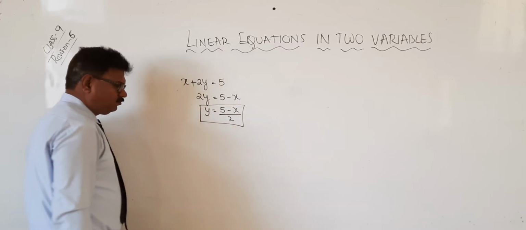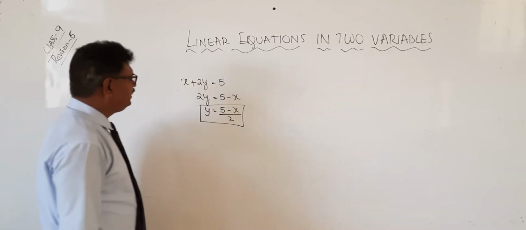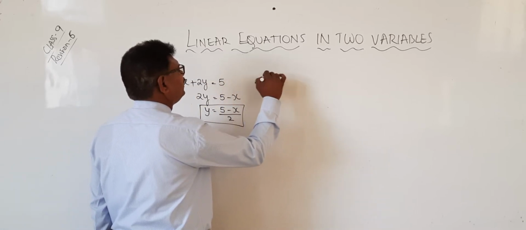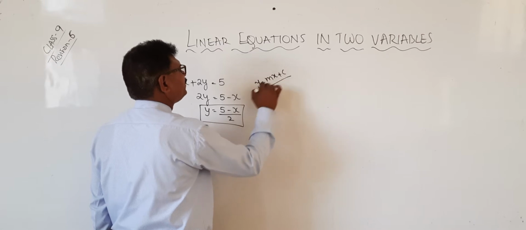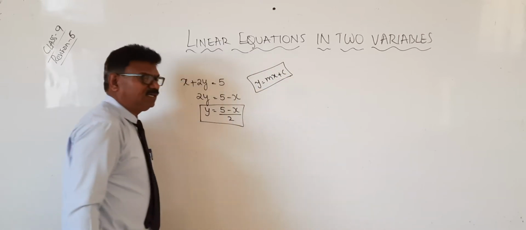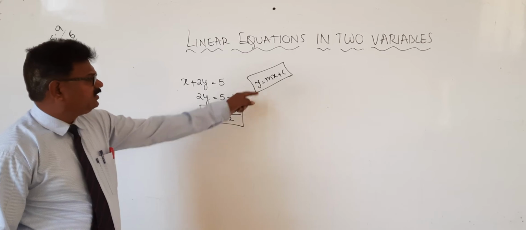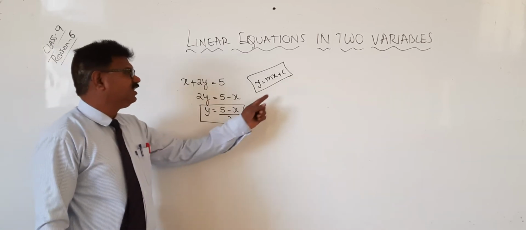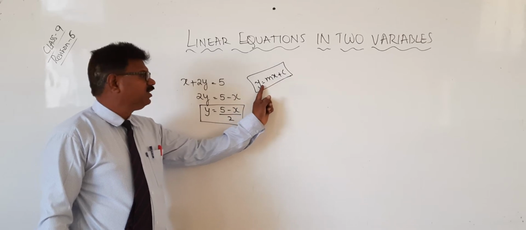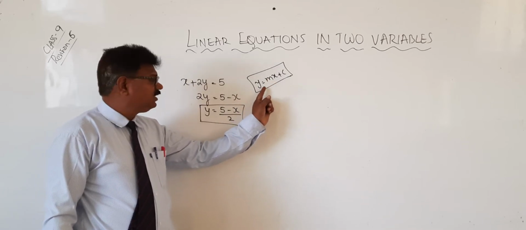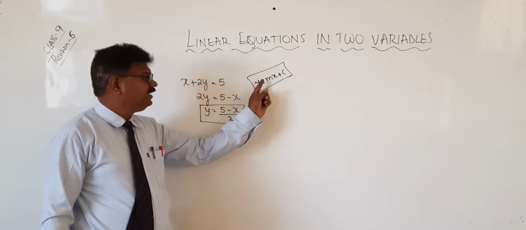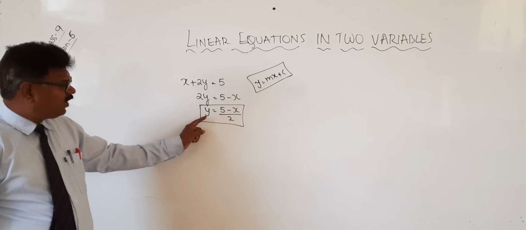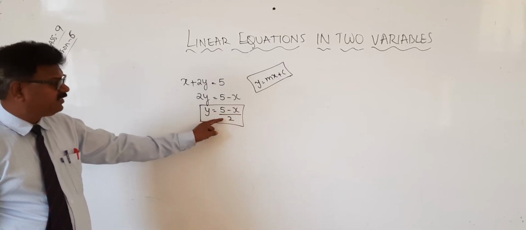Now, I told you the standard form of a linear equation is y equal to mx plus c. If you draw the graph for a linear equation, it is nothing but a straight line. Therefore, the general form for a straight line is y equal to mx plus c. That's why I have taken y equal to (5 minus x) divided by 2, like this.